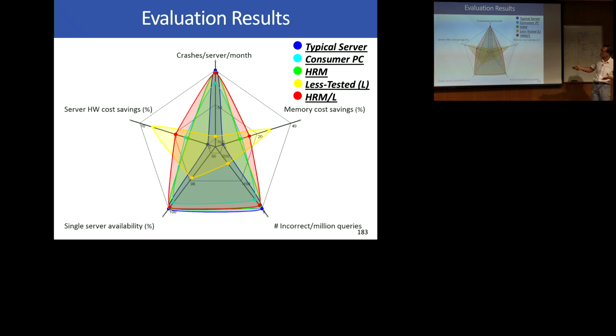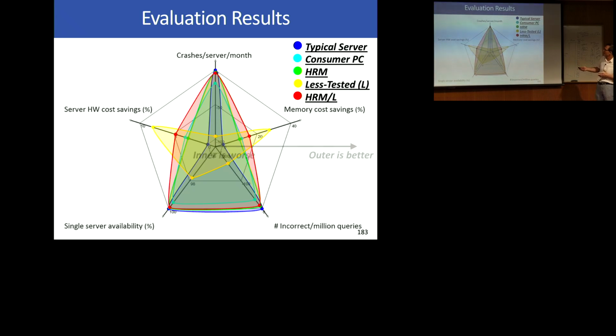And these are the dimensions that we evaluated our workloads with. Like, for example, crashes per server per month, single server availability, incorrect queries over 1 million queries. And these are the savings that you get if you employ these different memories compared to a typical server today, I believe: hardware cost savings and memory cost savings over here.